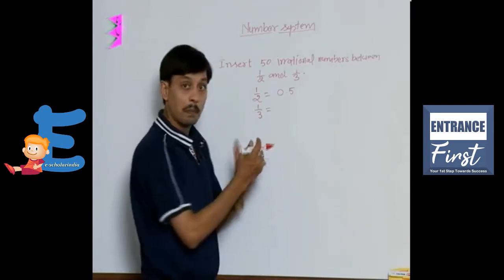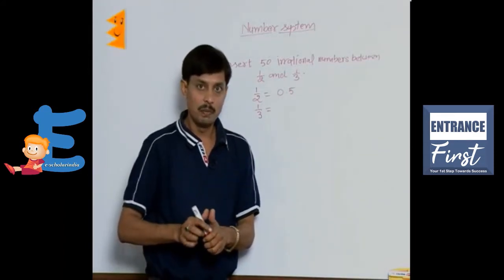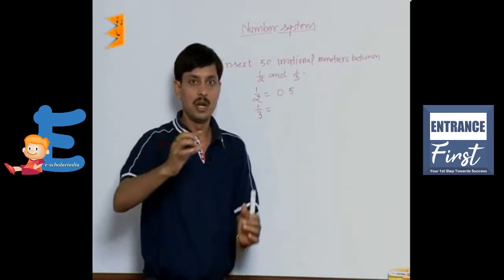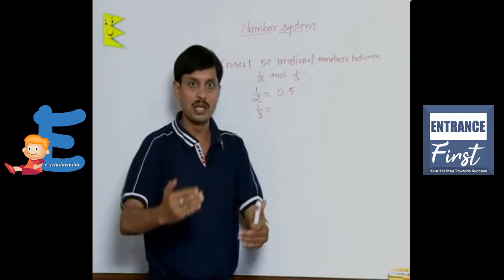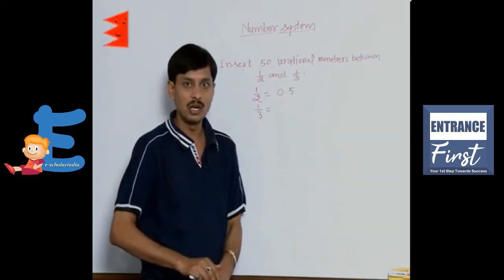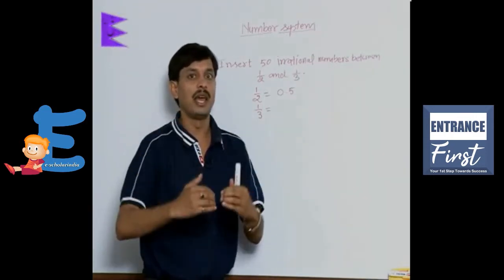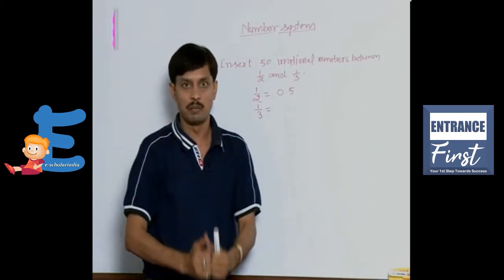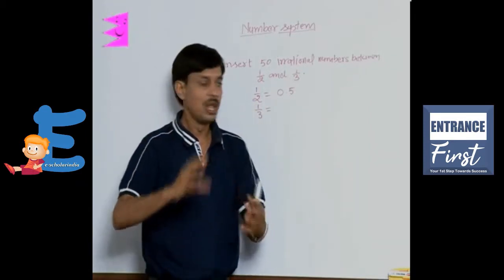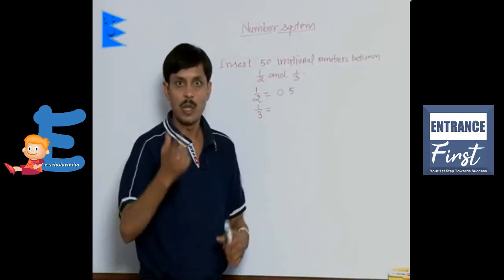But the repetition begins after how many places? Repetition begins after denominator minus 1 places or before it. Here the denominator is 3. 3 minus 1 is what? 2. So if I divide 1 by 3, I will get a non-terminating repeating number, and the repetition will begin either after 2 places or before it, that is, either after 1 place.